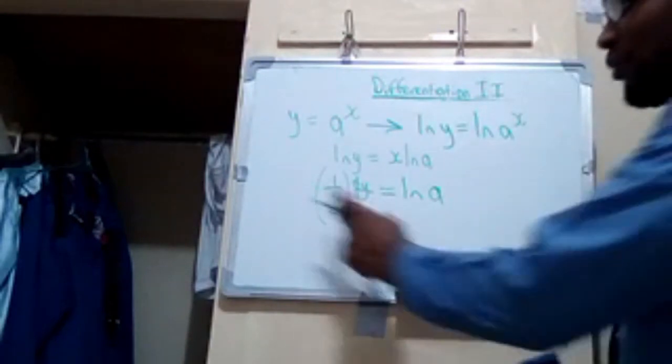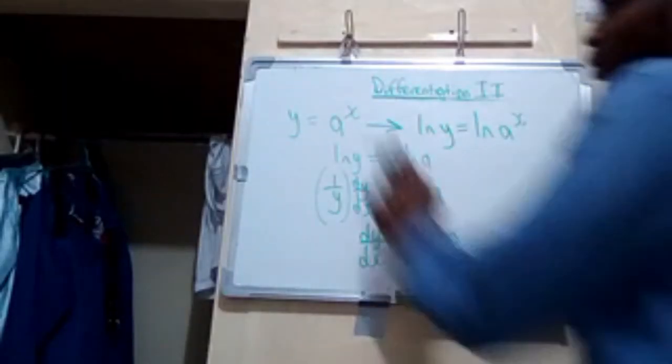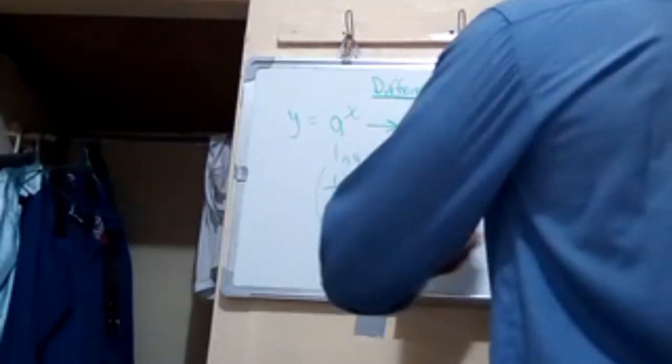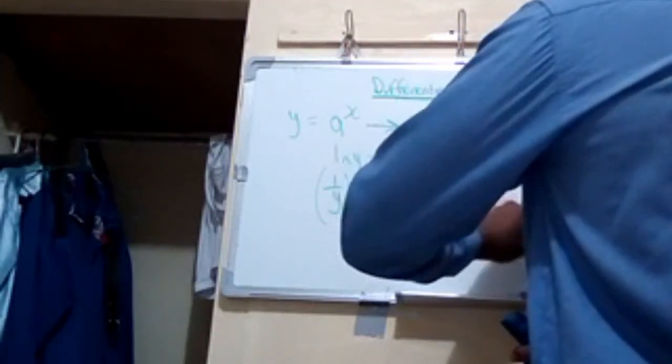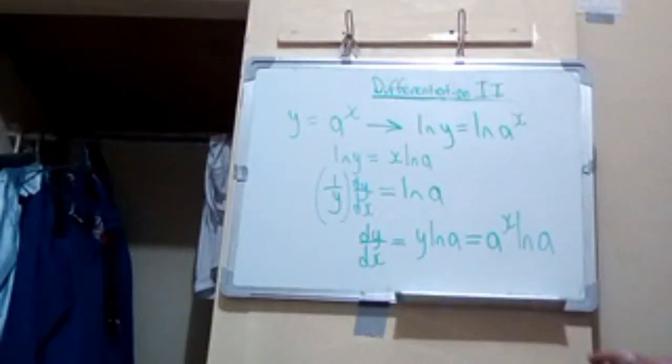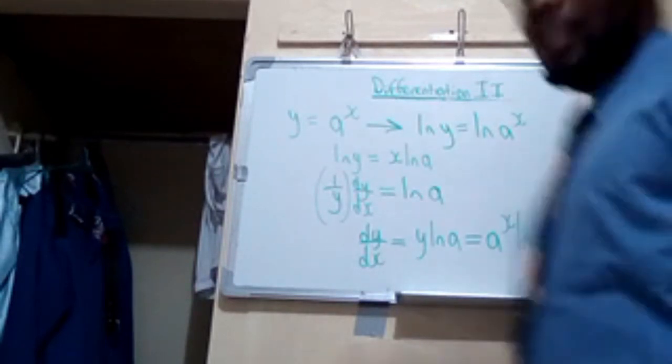If you multiply this equation through by y, we get dy by dx is equal to y ln a. But y was a to the x, and so dy by dx is a to the x ln a. So let's look at an example.